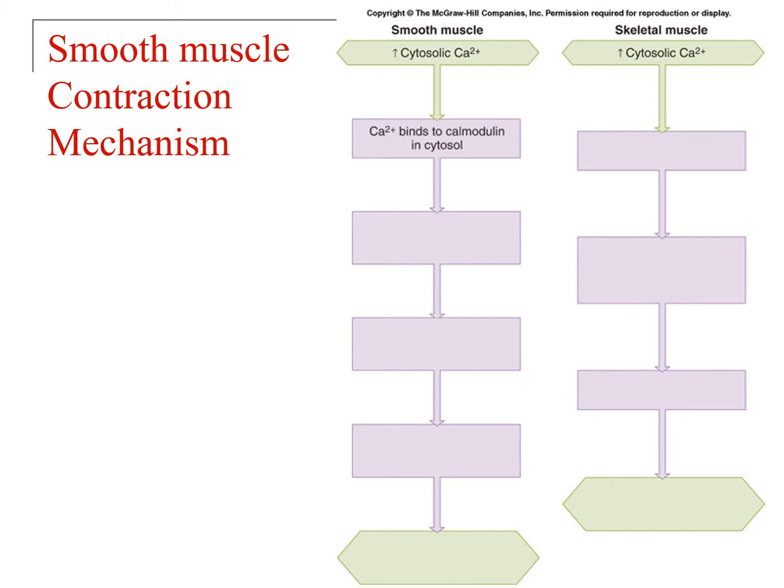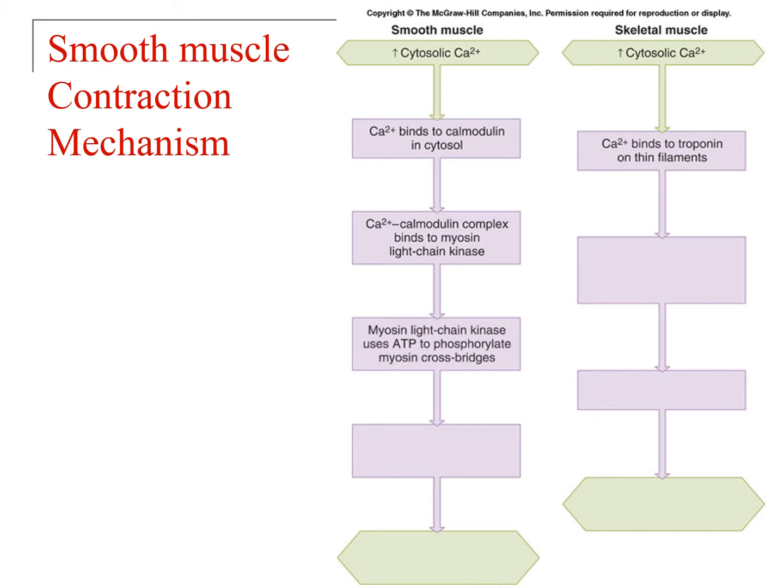Once you've got calcium present in the cytosol, very different things happen. In smooth muscle, the calcium binds to calmodulin in the cytosol. In skeletal muscle, the calcium binds to troponin on the thin filaments, and from here things get very different. In smooth muscle, once the calcium has bound to the calmodulin, that calcium-calmodulin complex will bind to myosin light chain kinases.